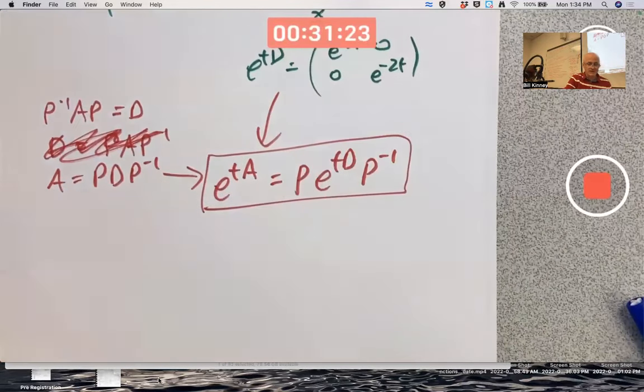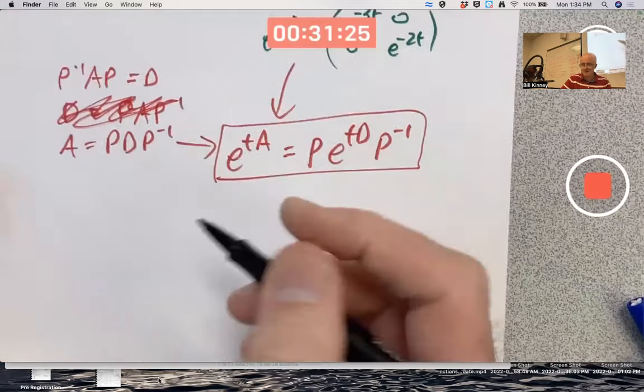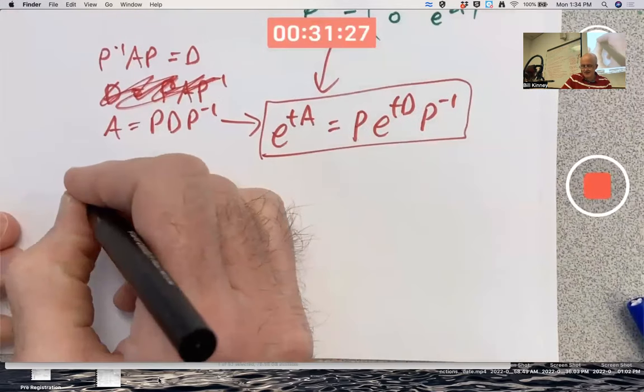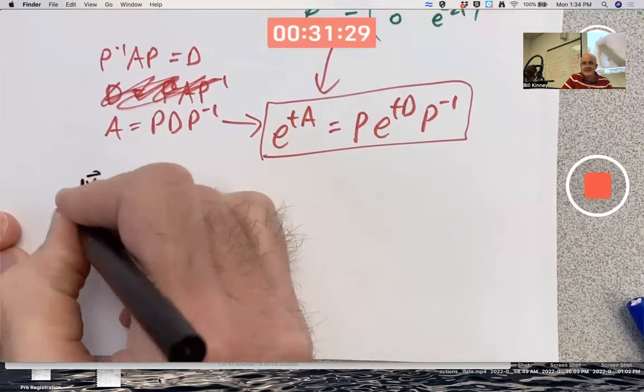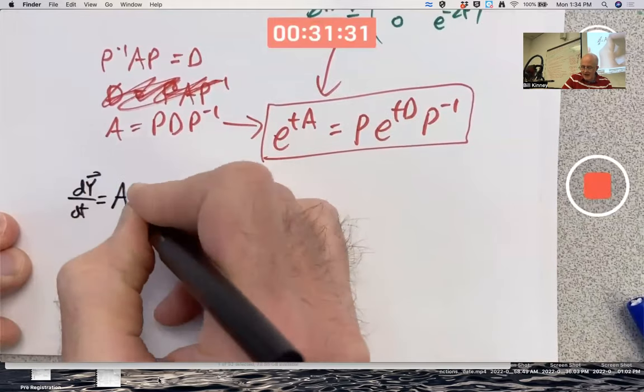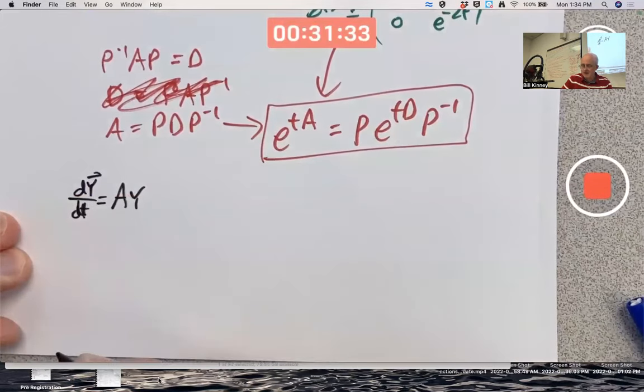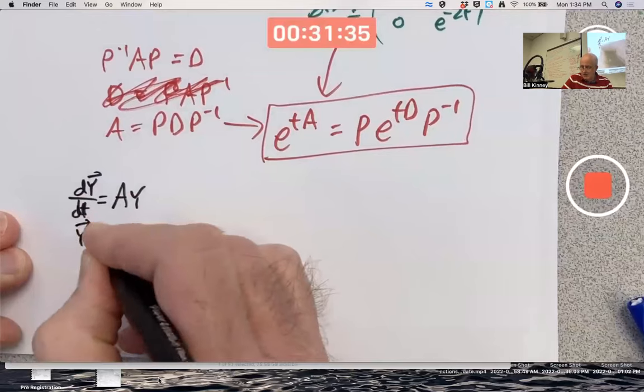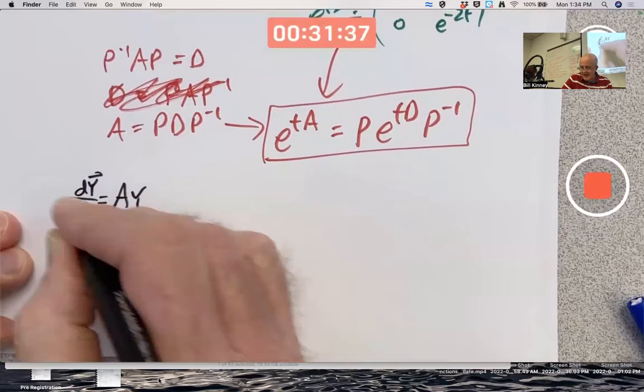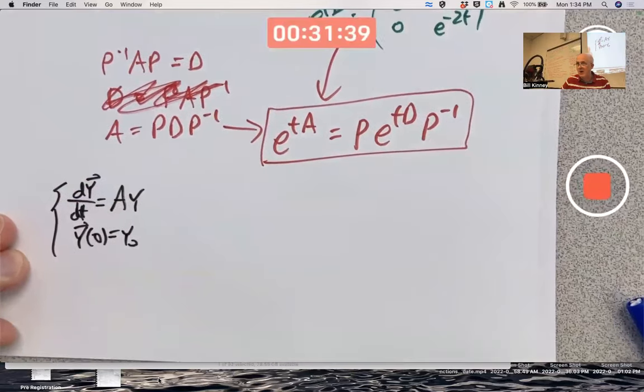Remember the beautiful generalization. dy/dt equals a times y, y of 0 equals y sub 0. That is a generic initial value problem.